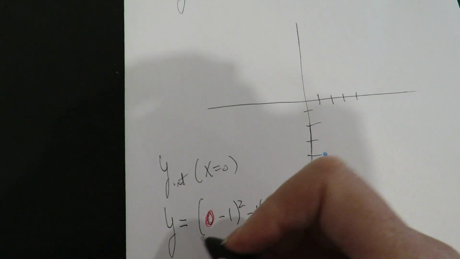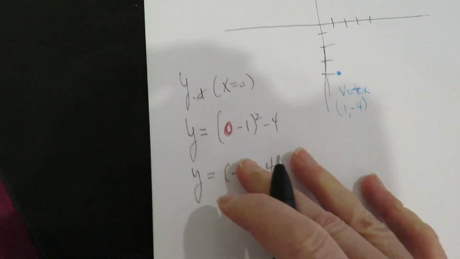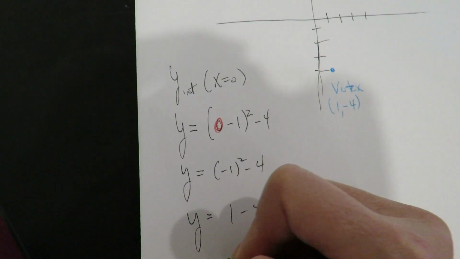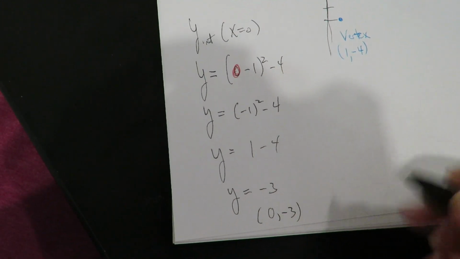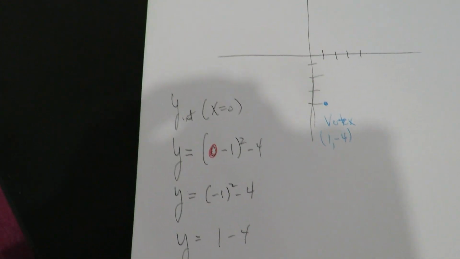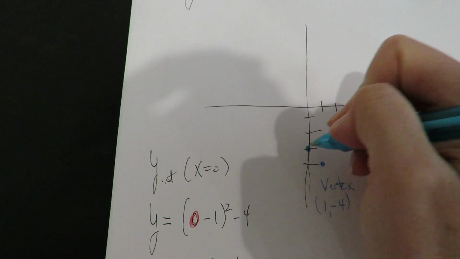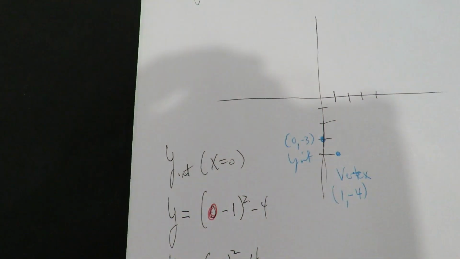Right, we're letting the x be 0 there. So we've got a -1 and we're squaring it, makes it a +1, so y is going to equal -3. So it's the point (0, -3). (0, -3) is the y-intercept.